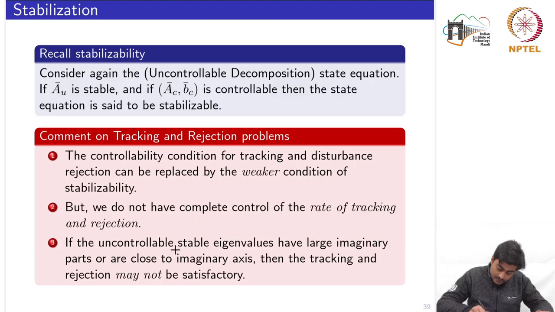Suppose the eigenvalues of the uncontrollable part are stable but have large imaginary parts or are close to the imaginary axis, then the tracking and rejection may not be satisfactory. So these two points should be noted while addressing the tracking and rejection problems for systems which are not completely state controllable but stabilizable.